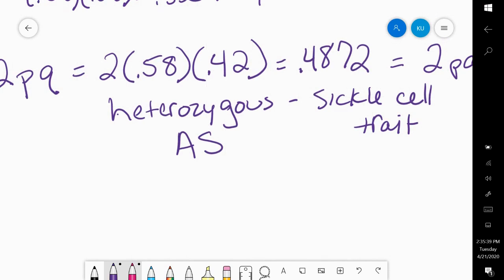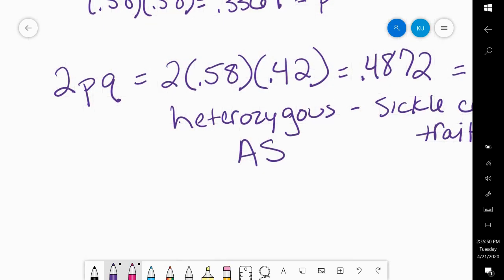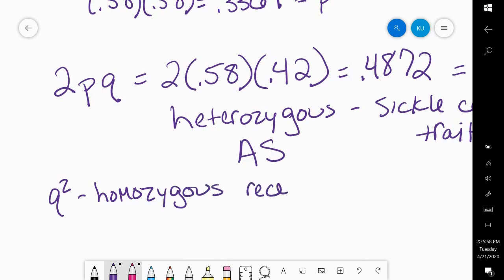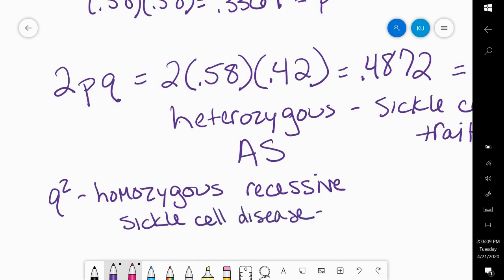Now, for the sickle cell disease, you're going to want to do the same thing that you did with the homozygous dominant, except you're using the 0.42 number. So that's Q squared, the homozygous recessive, which in our instance would be sickle cell disease, and represented by the genotype SS.